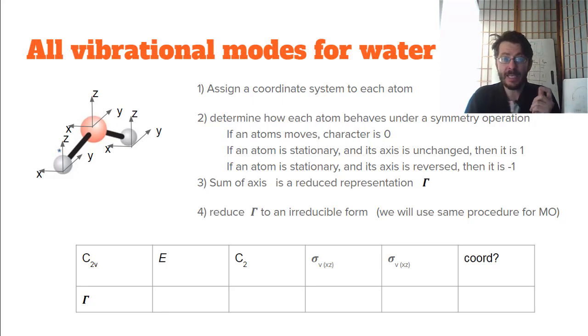We assign a coordinate system and then determine how each atom behaves. We sum up all of the changes to create a reducible representation given the symbol gamma. This represents a linear combination of the individual characters, and we can extract those out to a sum of irreducible forms.